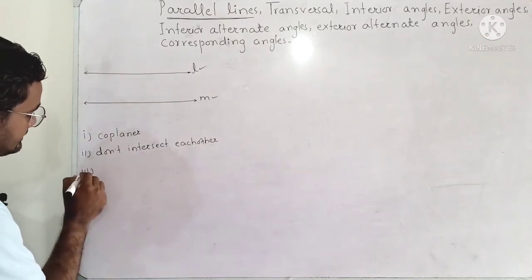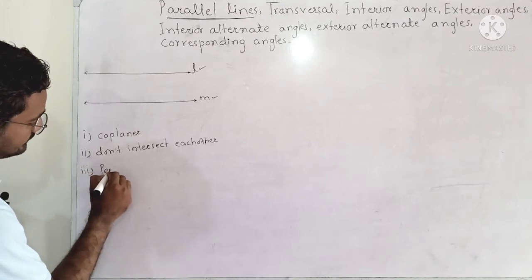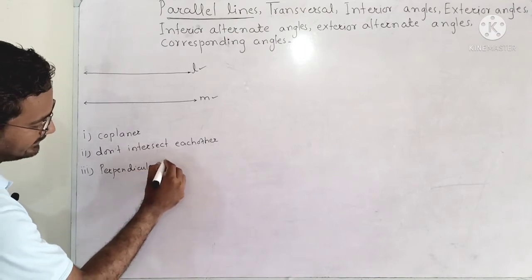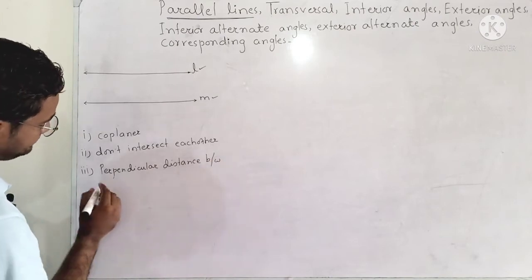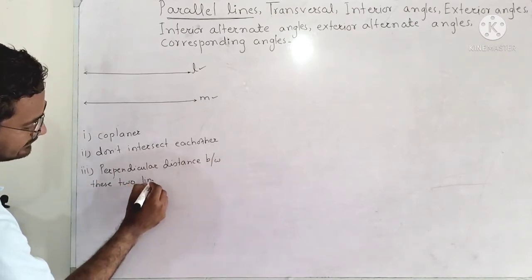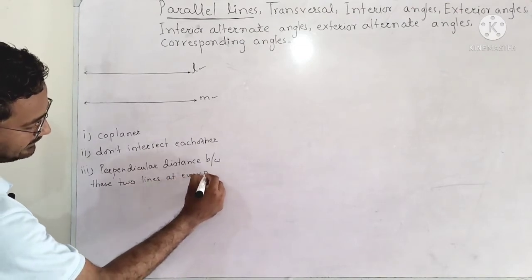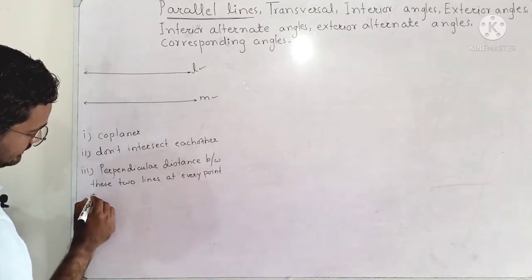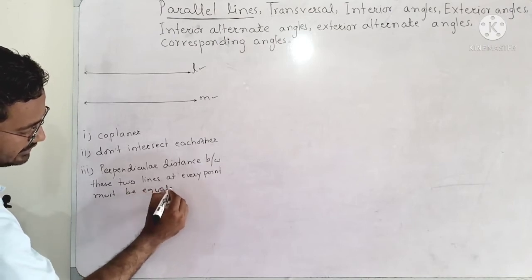Number three, the perpendicular distance between these two lines at every point along the line must be equal.